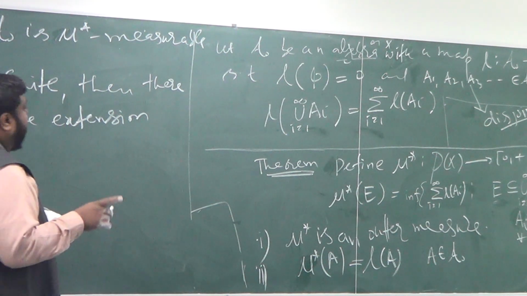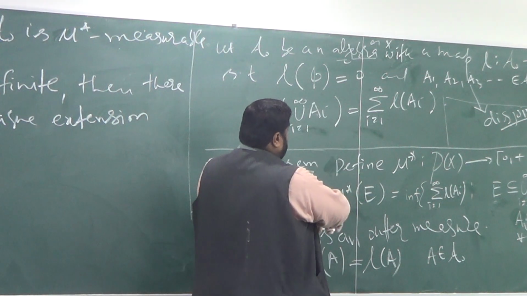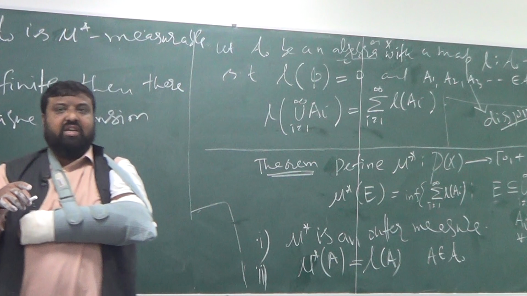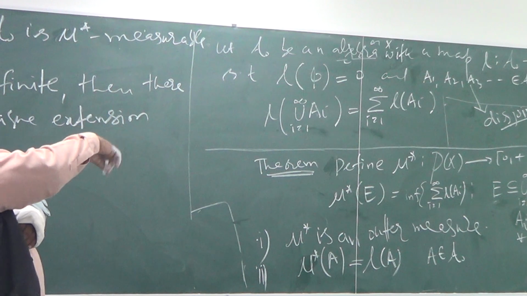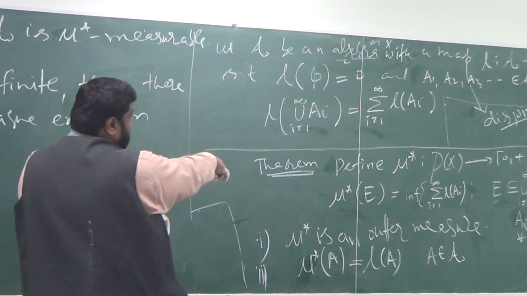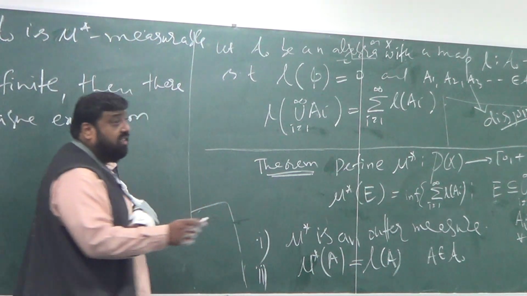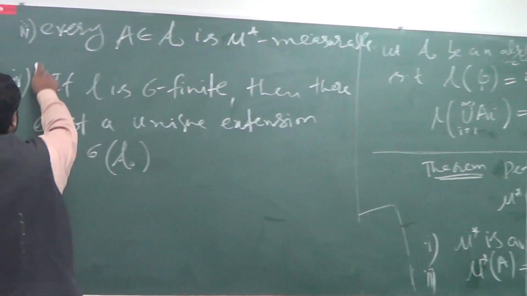And if you restrict this outer measure onto the sigma algebra generated by this algebra, then mu star is the measure itself. So this is what it is telling us. What does the second property tell us? It is self-evident, pretty easy to make sense of.